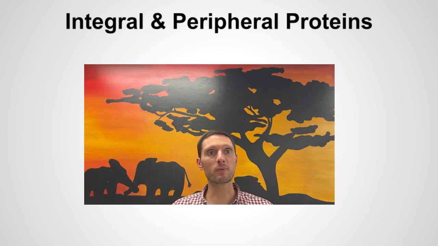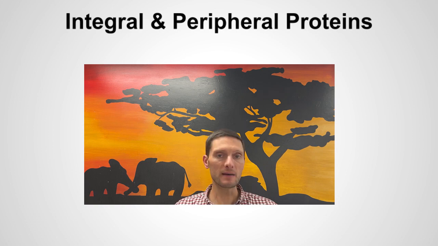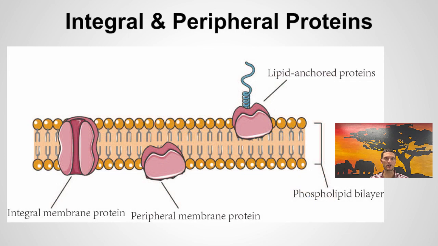As discussed with proteins, one of the functions of proteins is transport, and there are proteins embedded within the membrane that sometimes assist with helping to move molecules across. There are two main types of proteins within the membrane: integral proteins and peripheral proteins. Integral proteins are those that fit across at least one layer or pass across the entirety of the membrane.